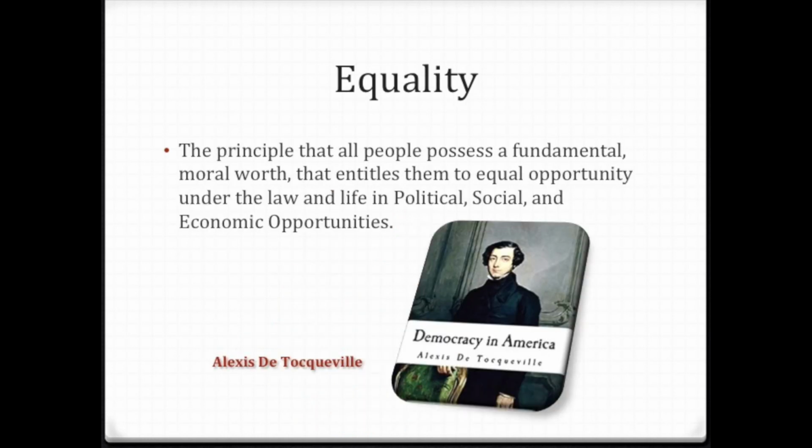The next concept is equality. And basically, we're saying that everybody has the same fundamental moral worth. They're entitled to have everything and equal opportunity that everyone else has, whether it's going from poor to rich, or the type of education that you have. Everyone is equal in our eyes. At least they should be equal. We know that we have to create laws to make that happen.